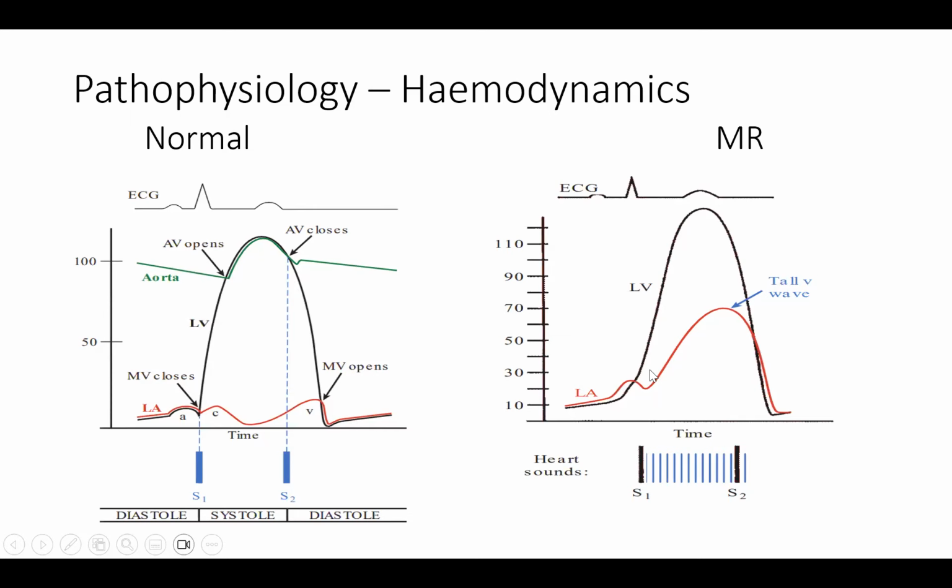So here in MR, we have an A wave, but because when the left ventricle contracts, blood goes back into the left atrium, it raises pressure in the left atrium, such that we would usually have a tall V wave, which even merges with the C.